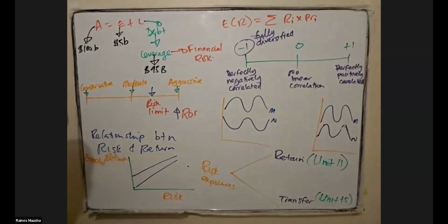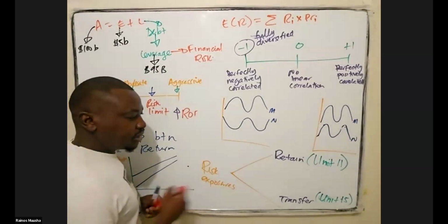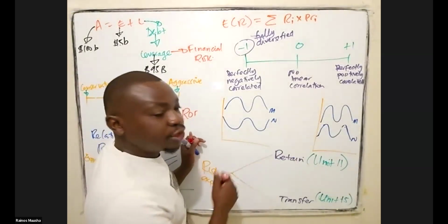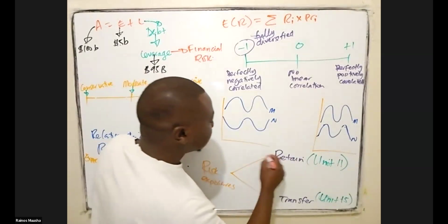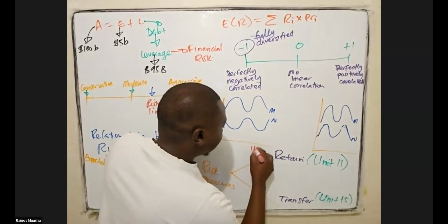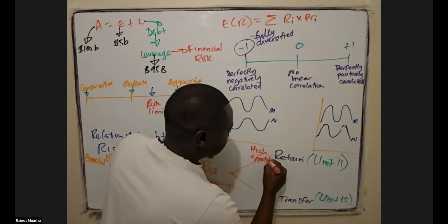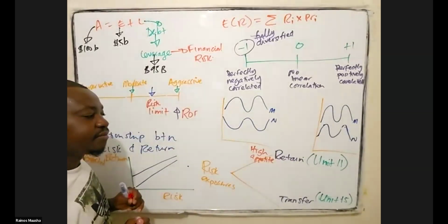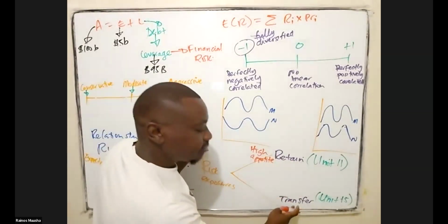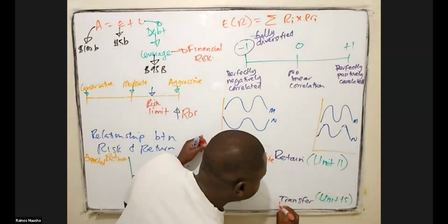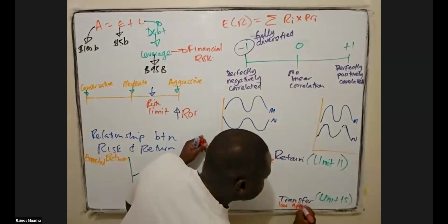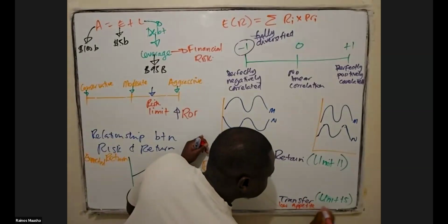But now, we also see that this choice, what do we see? If the company chooses to retain risk, it means they have a high appetite for risk. And if they choose to transfer the risk, it means they have a low appetite for risk.